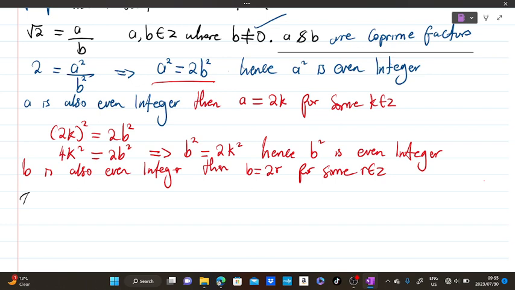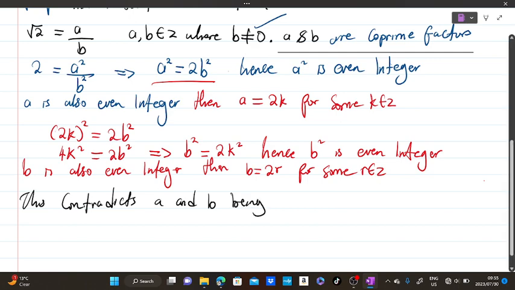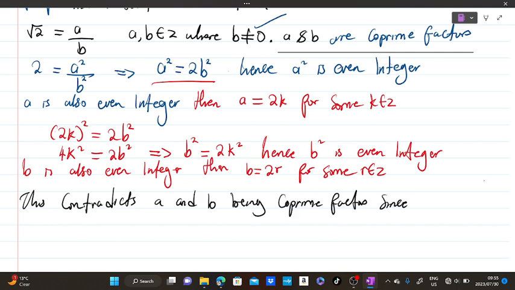So we can say this contradicts a and b being co-prime factors. Why? Because a and b are divisible by 2.